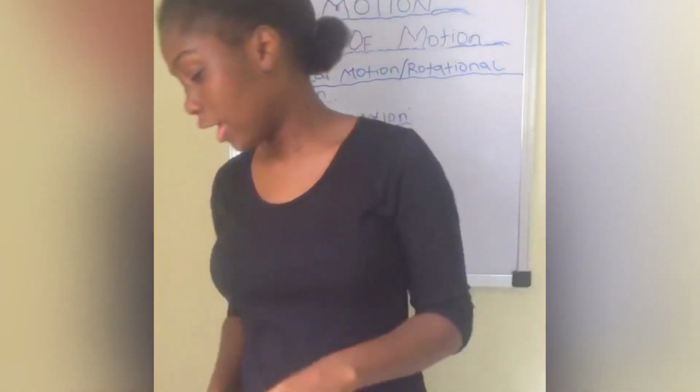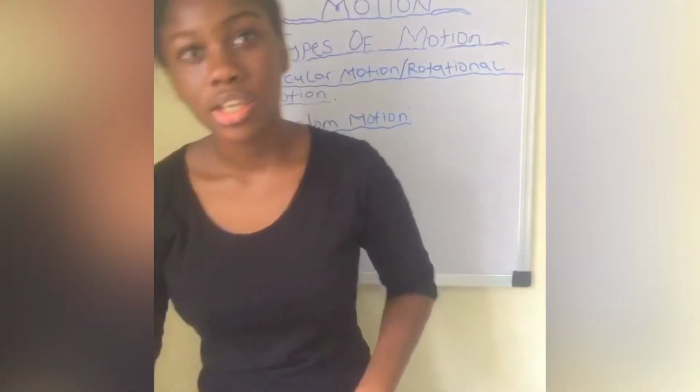From the name random, you know that it is disordered, like movement of a body in a disordered way. Or let's just use our local language, jaga jaga. Movement of a body in a jaga jaga manner, no direction, it's just moving.